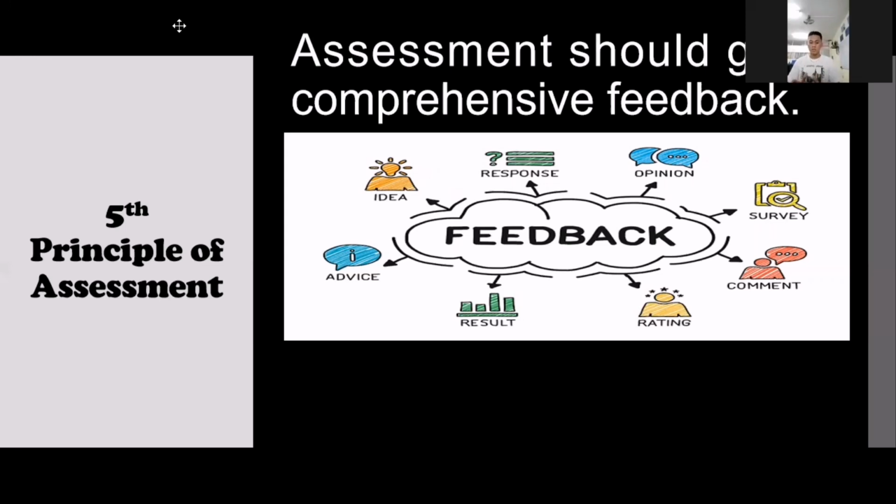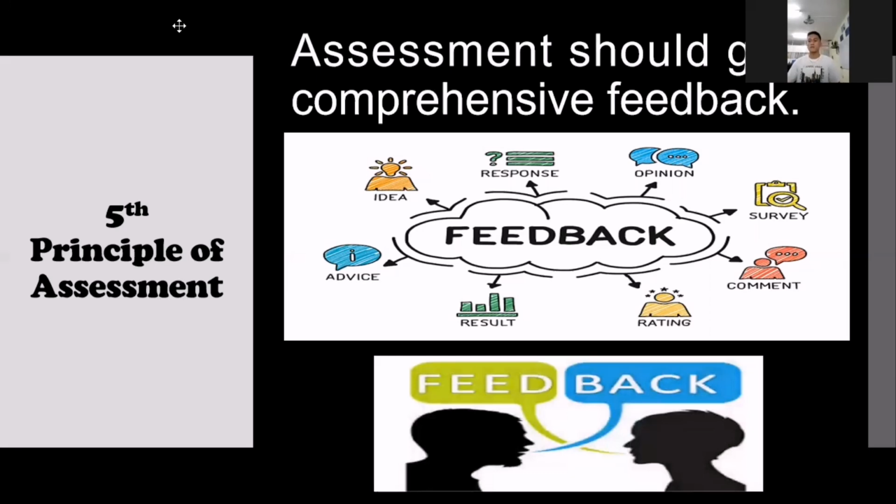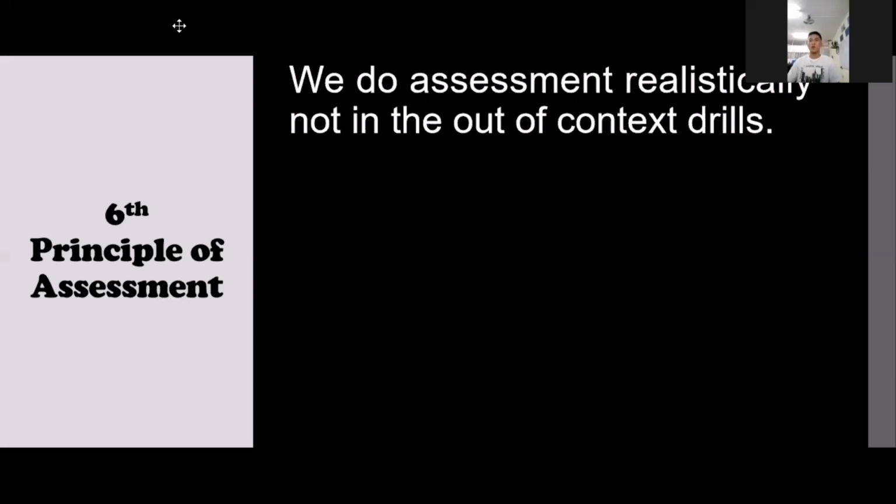By that, you can see that they failed to meet this criterion or this indicator. By monitoring their assessment, you can then give comprehensive feedback that next time you need to do this, you need to adjust this, you have to clarify and give effort on this, like that. So that is giving comprehensive feedback: giving comments and opinions on our students' performances or outputs.